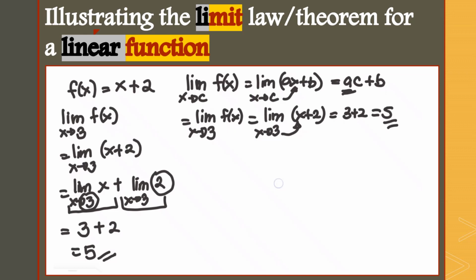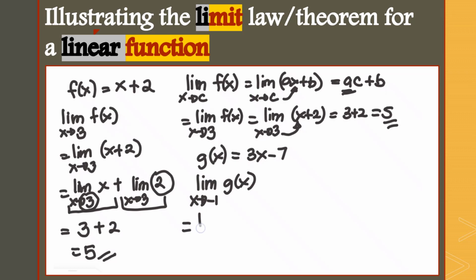But if we have another function, g of x equals 3x minus 7, applying this limit theorem by simply substituting the value of x, we have the limit of g of x as x approaches negative 1. So you have the limit of the entire function 3x minus 7 as x approaches negative 1.